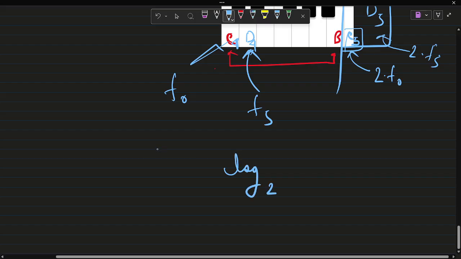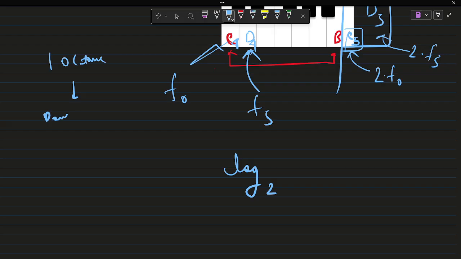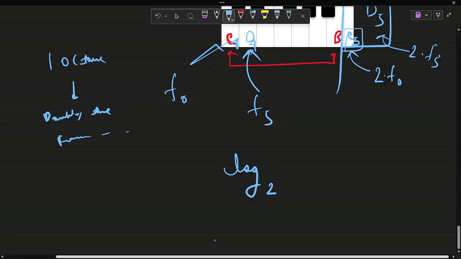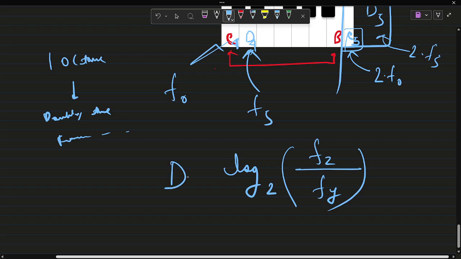One octave basically doubles the frequency. That's why we take the base for log as 2. Okay, log base 2. Suppose your higher frequency is fz and your lower frequency is fy. So log base 2 of fz by fy will give you the distance between two frequencies, where fy is your lower frequency and fz is the higher frequency.